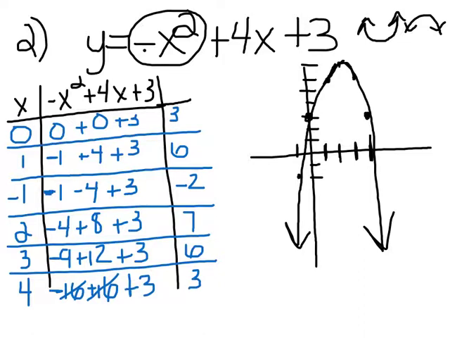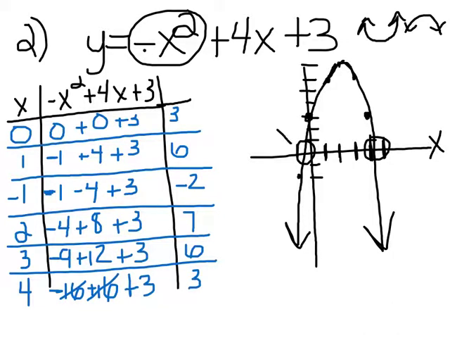When solving a quadratic equation by graphing, we're looking for the values where it hits our x-axis. So where is this parabola hitting our x-axis? If you notice, it's hitting right here and right here. And we just have to say what those values are, and if we have to estimate them, that's okay.